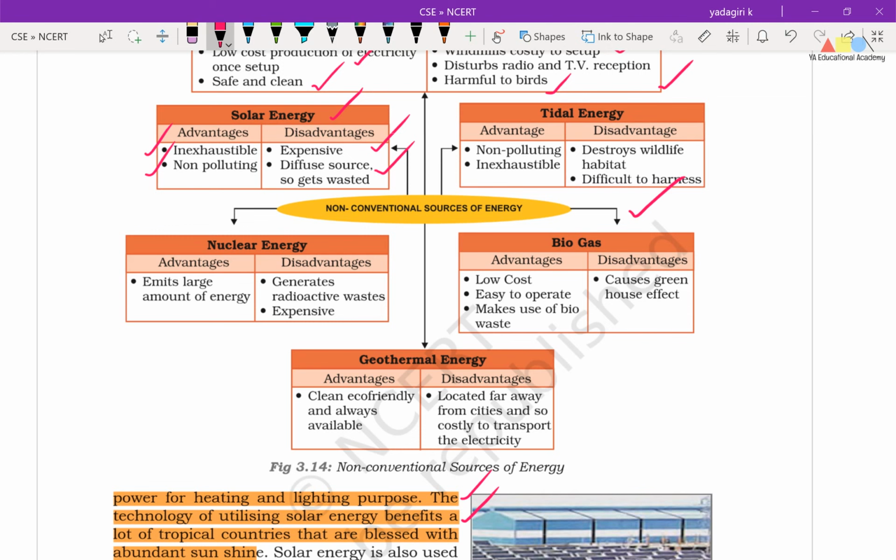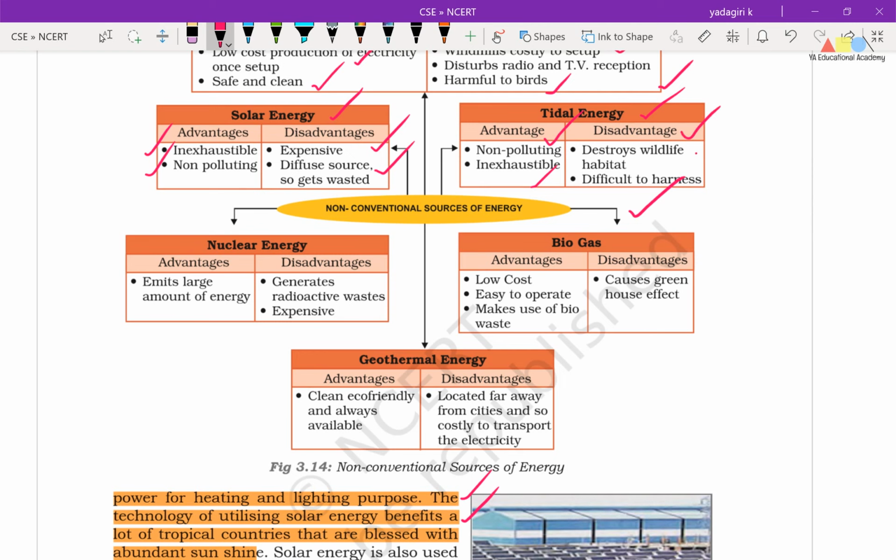So concentrating and generating solar power is a little bit difficult process, and most of the solar energy gets wasted.